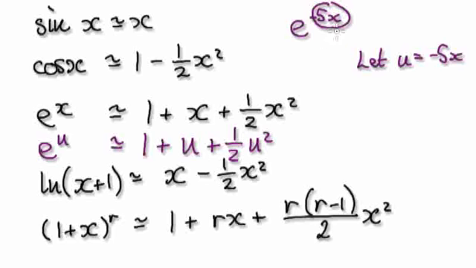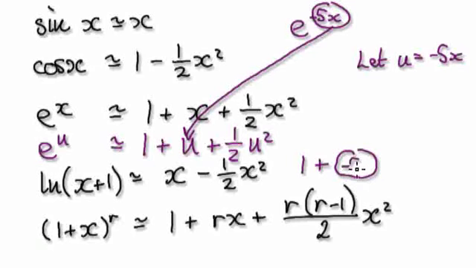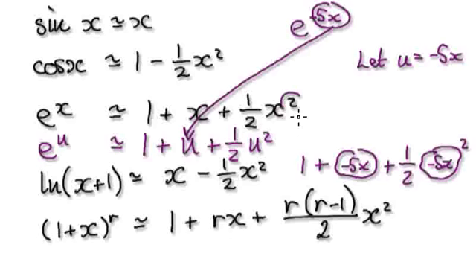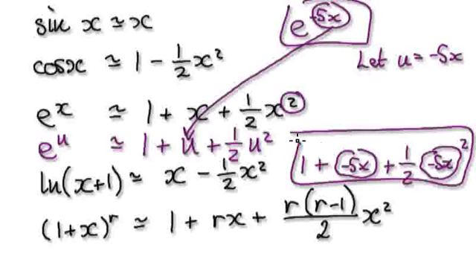And don't forget, u is really minus 5x, so this is 1 plus minus 5x, plus 1 over 2 times minus 5x, and then we've got to square it because of this square here. So the quadratic approximation for this thing is given by this.